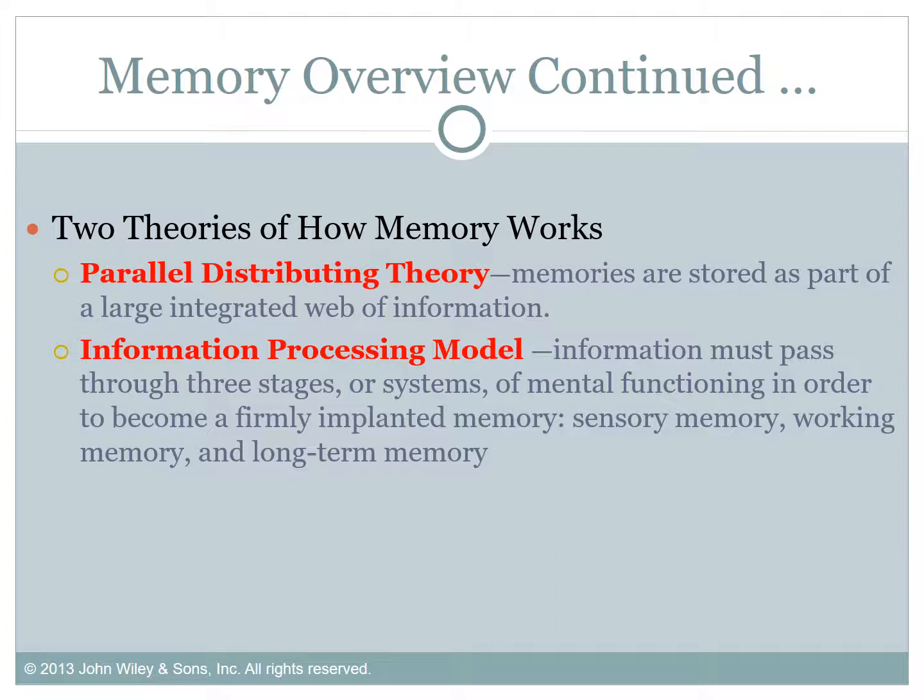However, the information processing model isn't really how memory works. It is how computing memory works, but the human memory system is different. When we store information in our brain, we use something that's much more like the parallel distribution theory, where information and memories are stored as an integrated web of information.